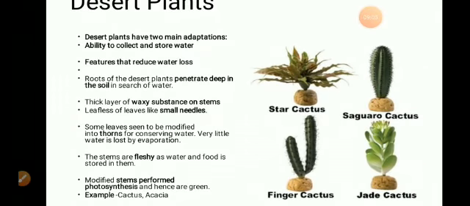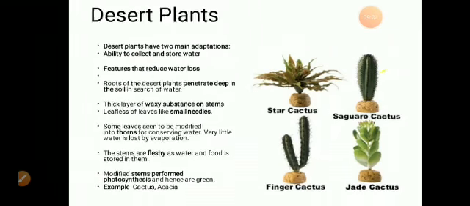So the main ability of these desert plants is to collect and store water, and the second feature is to reduce loss of water, and the third feature is that the roots of the desert plants penetrate deep. So here you can see the variety of cactus plants.